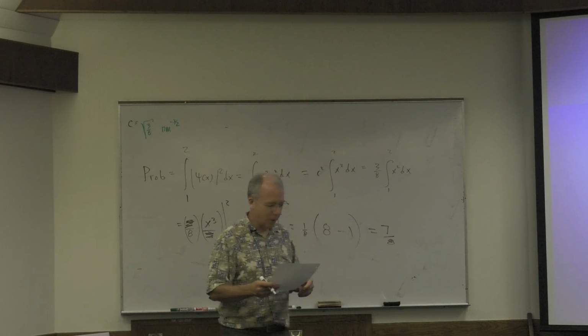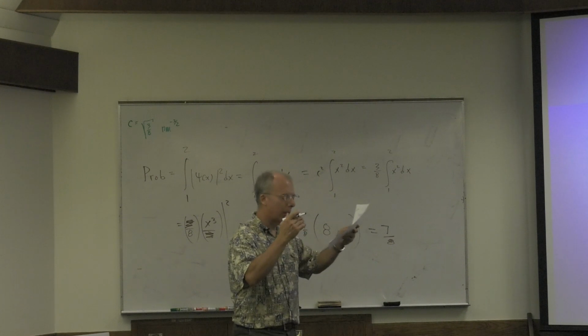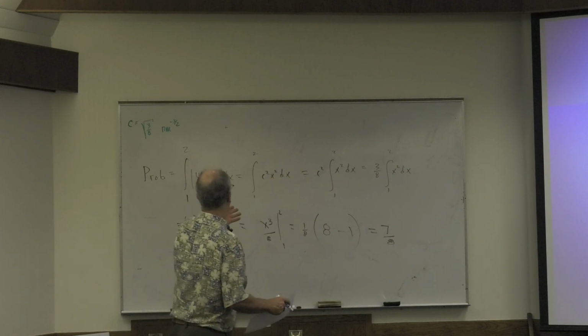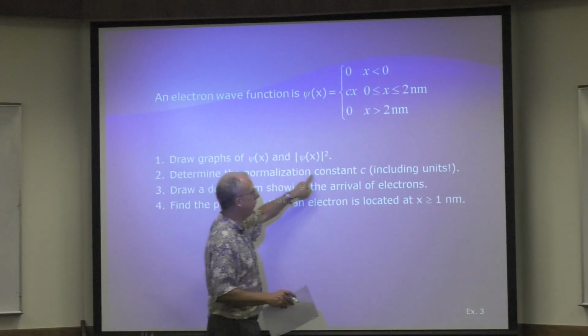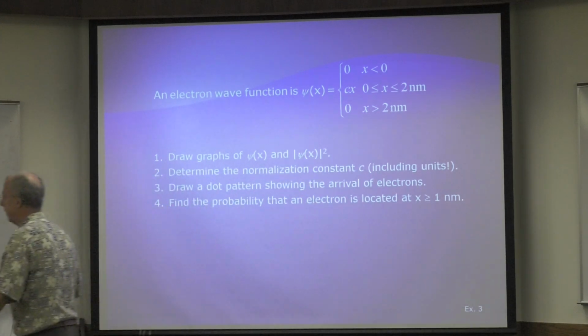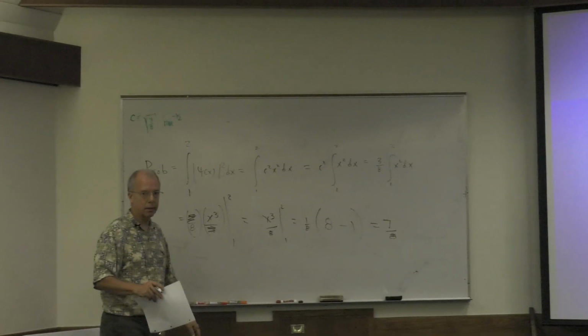All right. So again, this is a typical homework problem, typical exam problem. So look at the steps. You always have to normalize it first to find the constant. Once you find the constant, then it's not so bad, right? Then you just do the probability calculation.